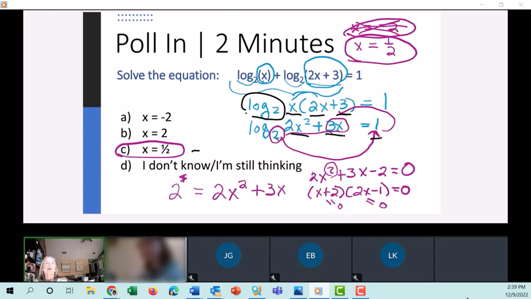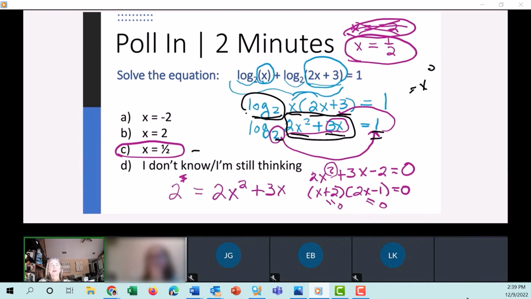All right, so we've got to keep that log base 2 until we combine these with multiplication. But then I have to look at this, because how do I bring this over? We have a base 2, and anything raised to the 0 power is 1. X to the 0 power is 1.